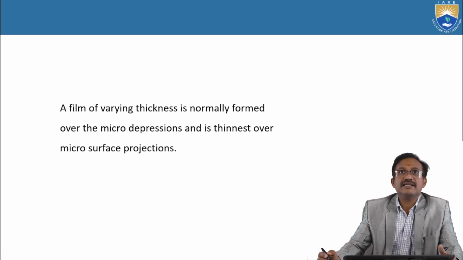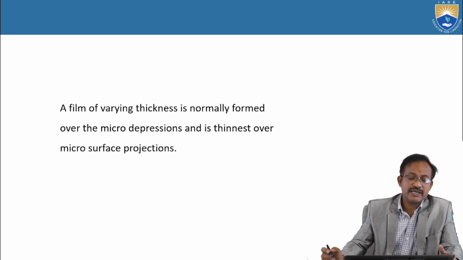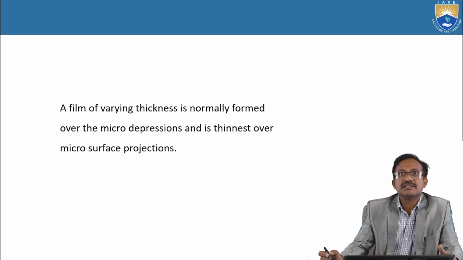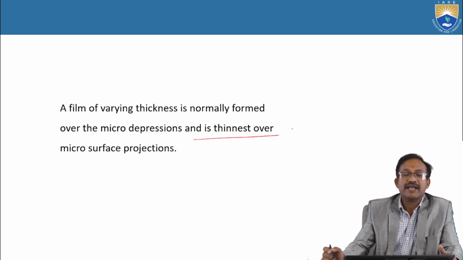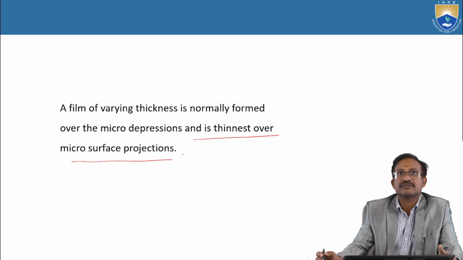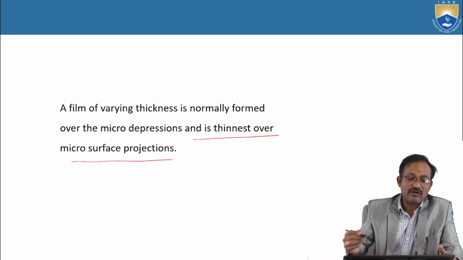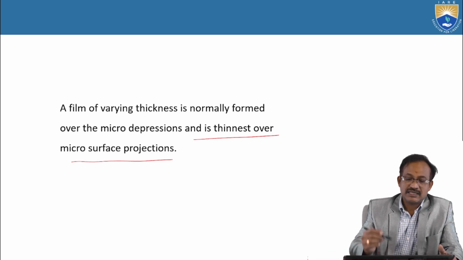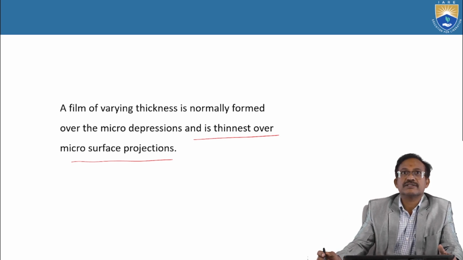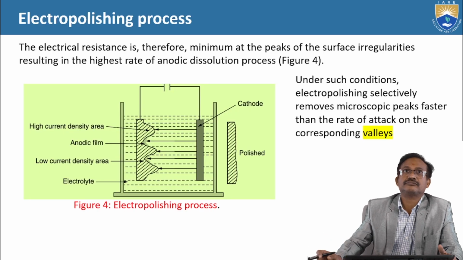A film of varying thickness is normally formed over the micro depressions and is thinnest over micro surface projections.